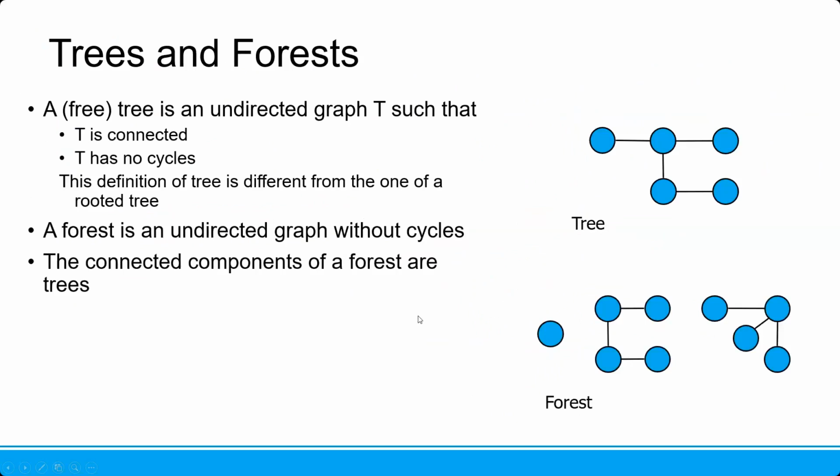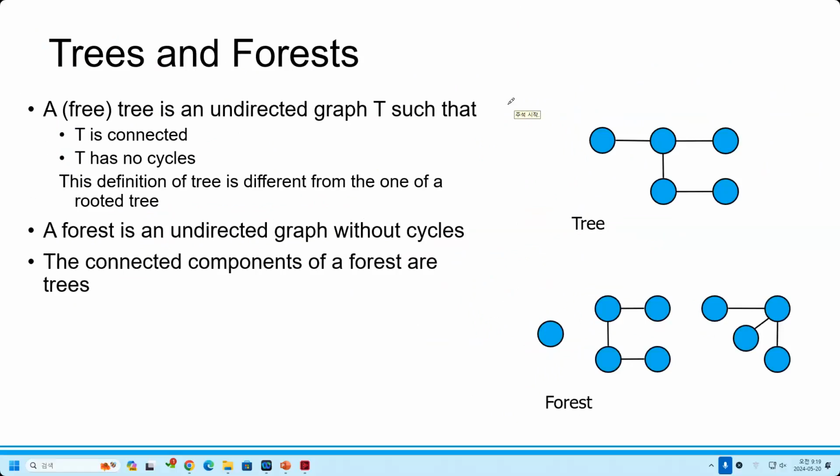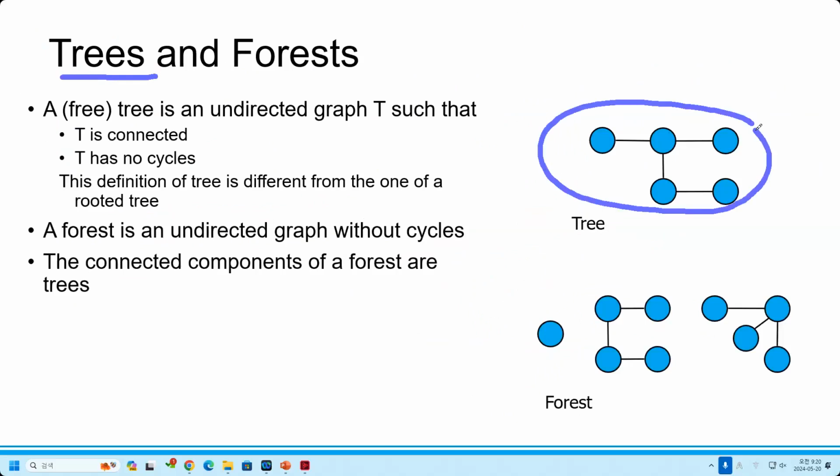There are some other concepts about the graph. We call it trees. This tree is similar to the tree data structure in terms of figures. The figures are similar to the tree data structure.